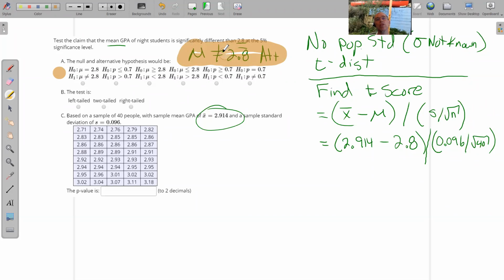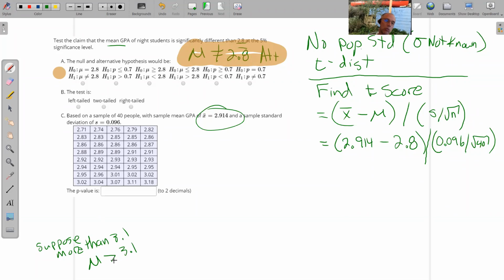Now yours might have said, test a claim that the mean GPA of night students is more than 2.8, okay? So if yours had instead, so let's go down here and suppose yours said more than, and maybe it wasn't 2.8, maybe it was like 3.1, then that would translate in English as mu is greater than 3.1.